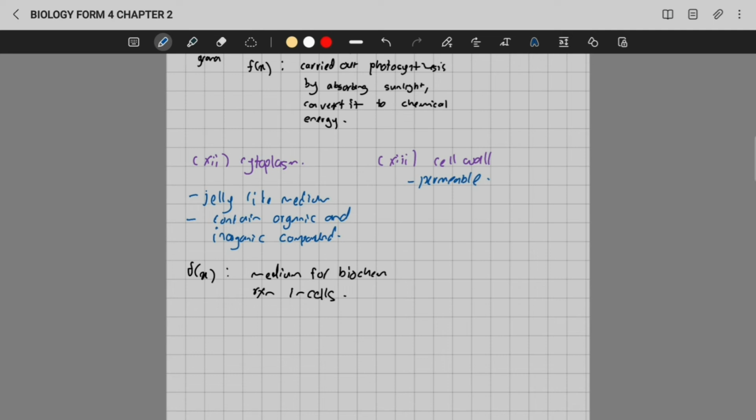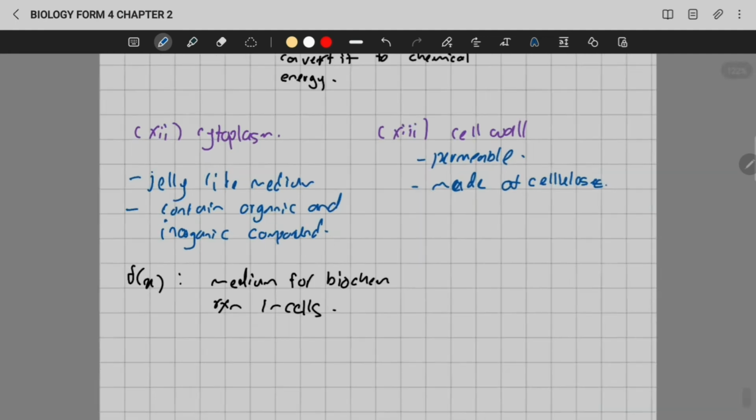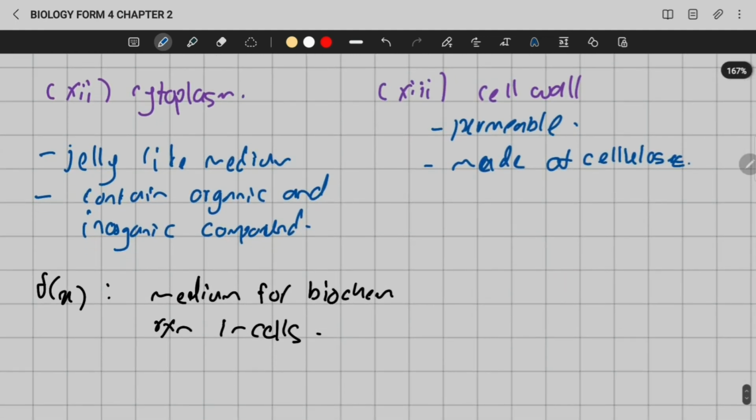So they are fully permeable, and they're made of cellulose fiber, made of cellulose. Cellulosa in Malay, cellulose, made of cellulose fiber, in which make it rigid.